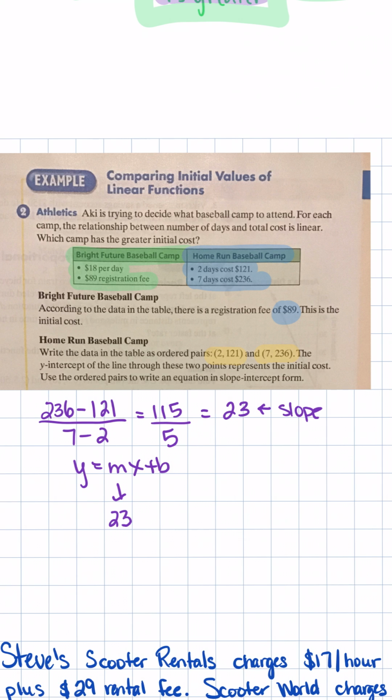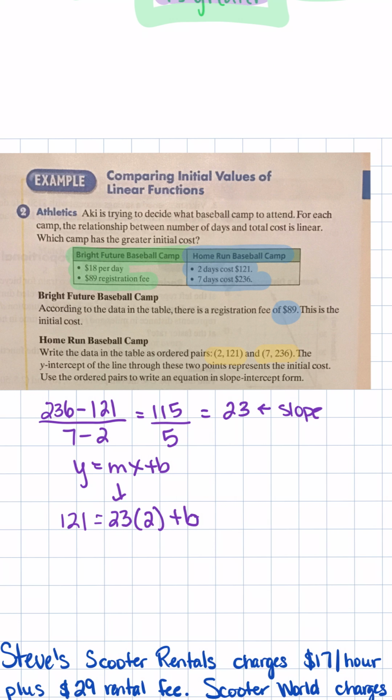So if we did 2 for x, because that's how many days, and we know that it equals 121, that's the output, so that's where y is going to be, plus b. So we want to solve for b so that we know what the initial cost is.